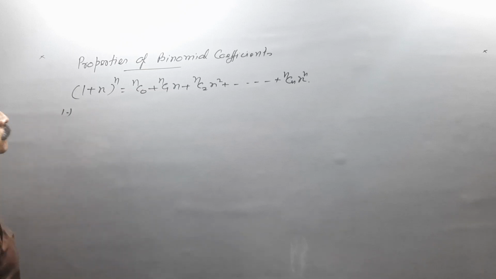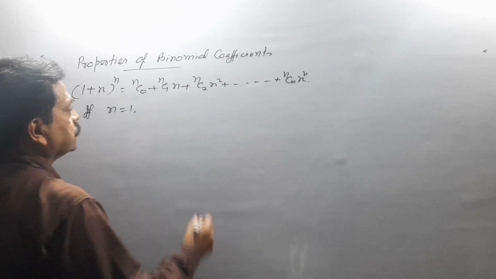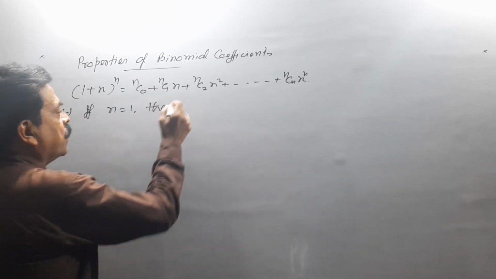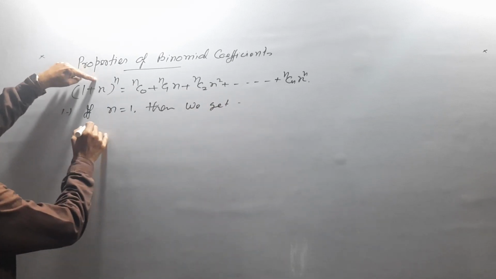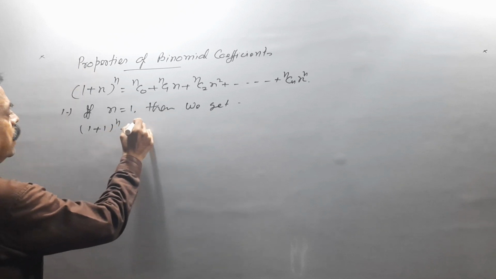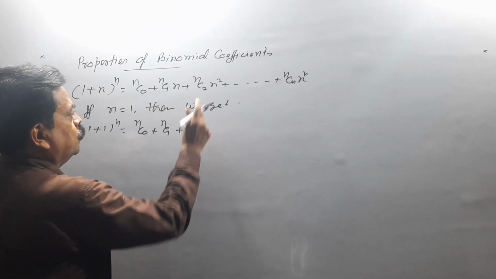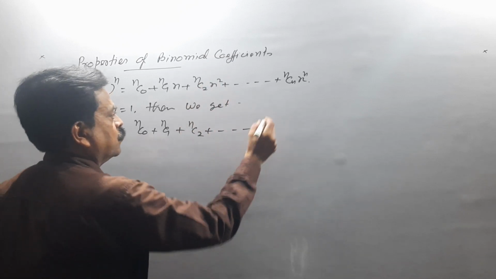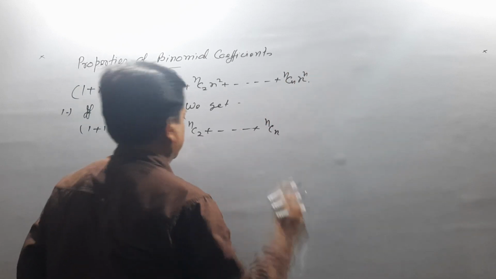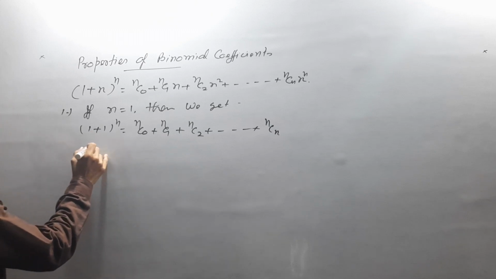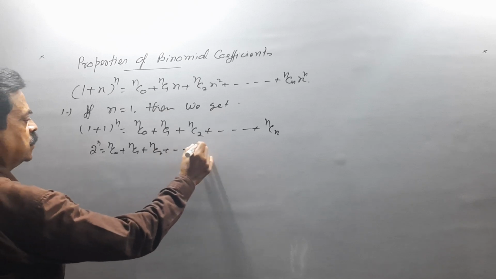Properties. Number 1: if we put x equals 1, then we get (1 + 1)^n equals nC0 + nC1 (x is 1), nC2 (square of 1 will be 1) and so on, 1 to the power n is 1, so we get nCn, or 2^n equals nC0 + nC1 + nC2 and so on, nCn.